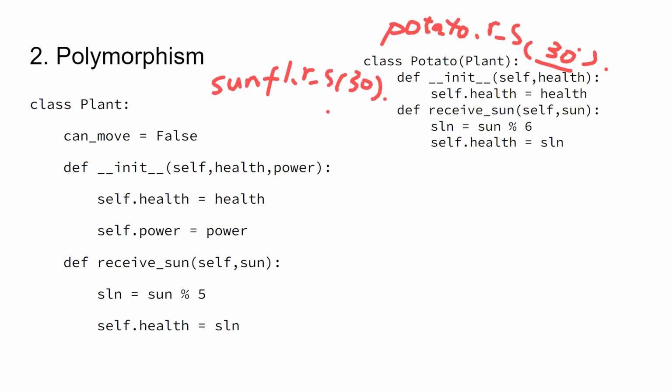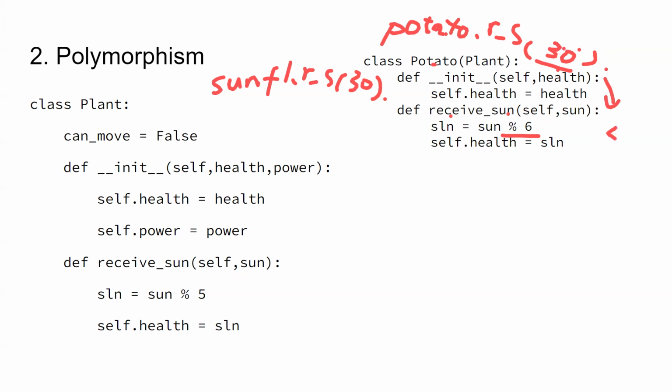Although you have the same names, when you call this, it will go into this potato class and check, oh, you have a receive_sun and it's mod 6. So the potato's health would be increased by 5 or so.